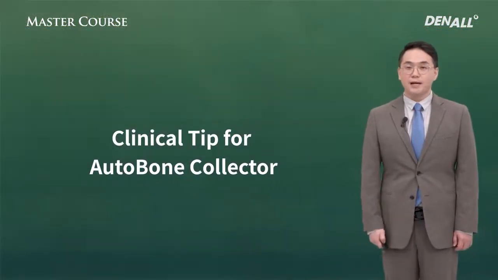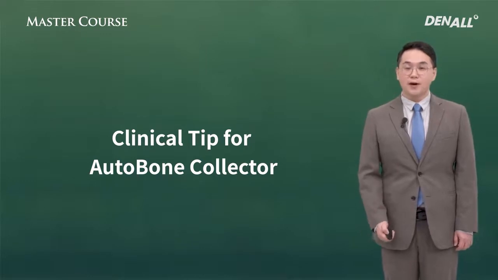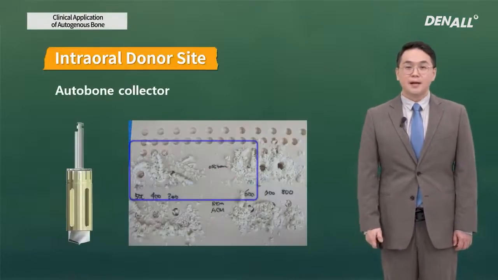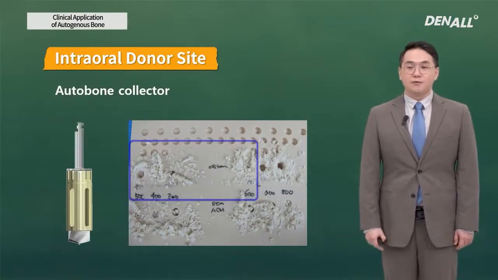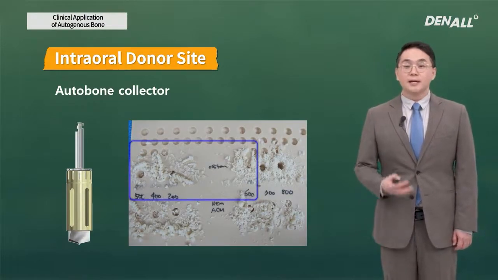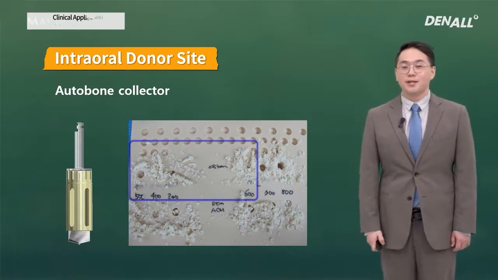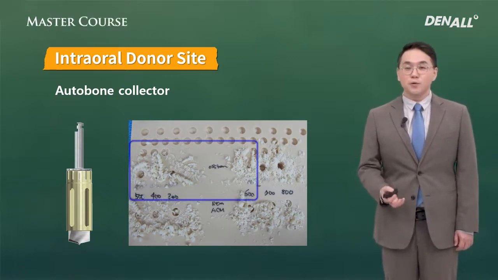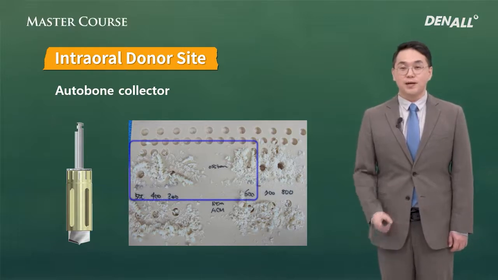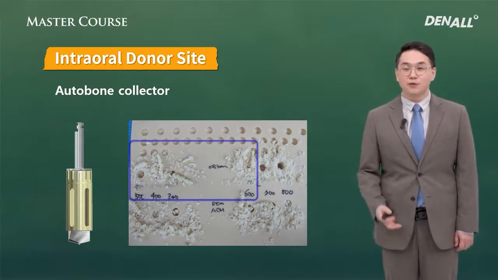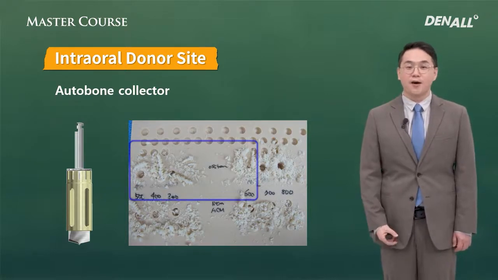You need to remember the tips when you use autobone collector clinically. First, the cutting speed. If it is 800 to 1500 RPM, like the taper drill or the cutting drill, the harvested bone particles are too small. If you use a twist drill at 1500 RPM, the bone debris is very small.